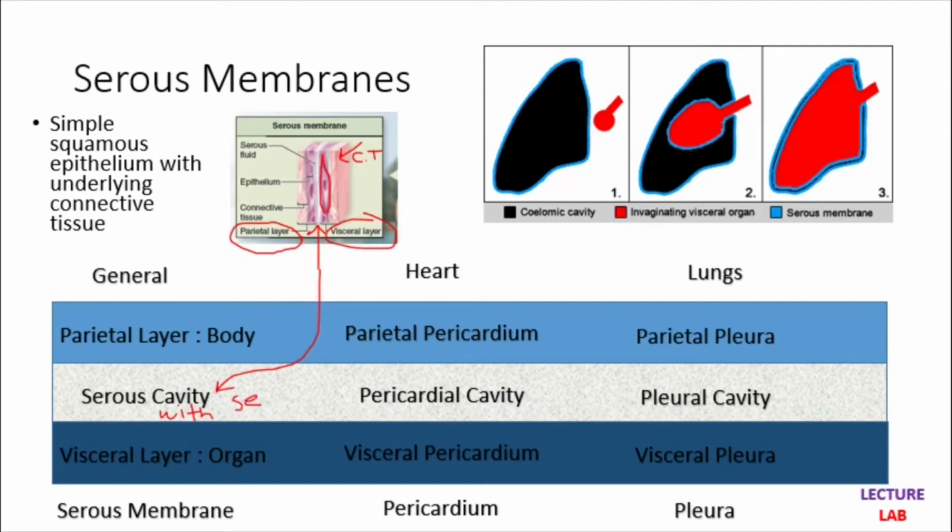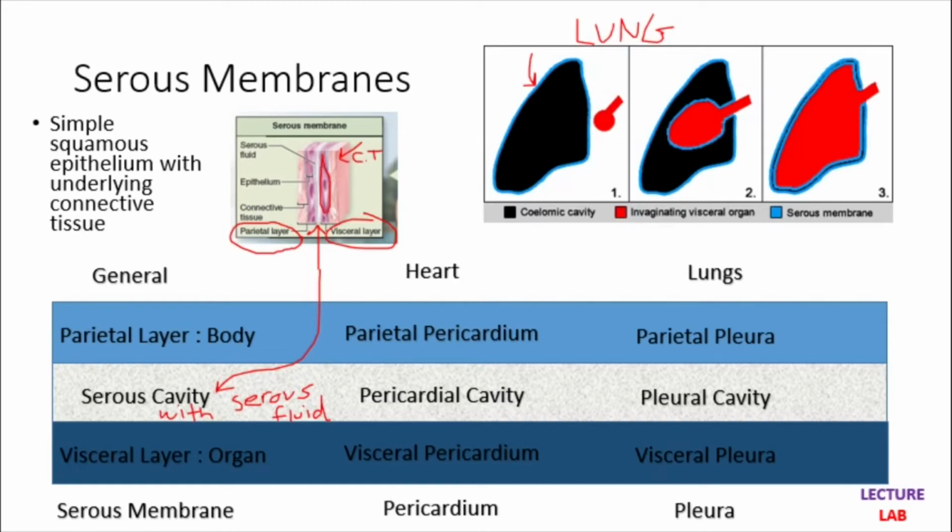An example of the lung up here. So when you're developing, you have a serous membrane shown in blue, and you have this cavity. The lung comes in, and as it fills the cavity, you create the visceral layer and now the parietal layer.